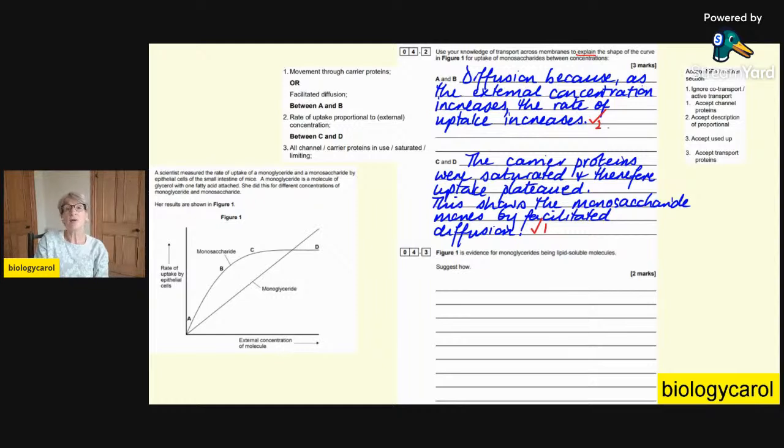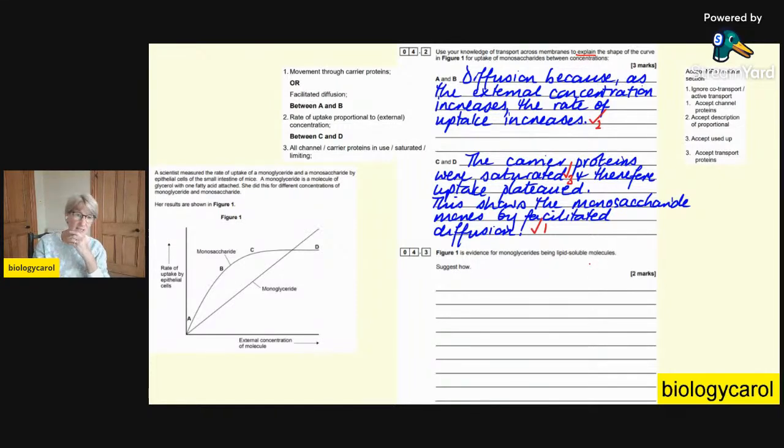And here I got mark point 2 because the rate is proportional to the concentration increase. And finally, here was mark point 3, that those carrier proteins were saturated, and therefore they limited how much was taken up. Figure 1 is evidence for monoglycerides being lipid-soluble molecules.